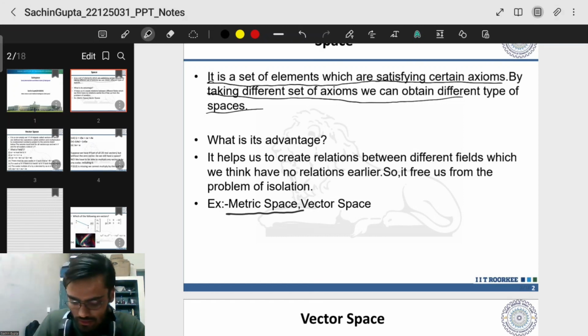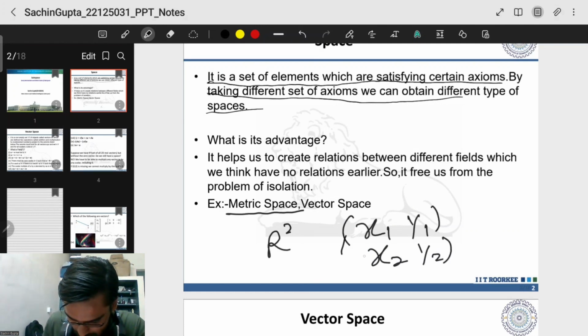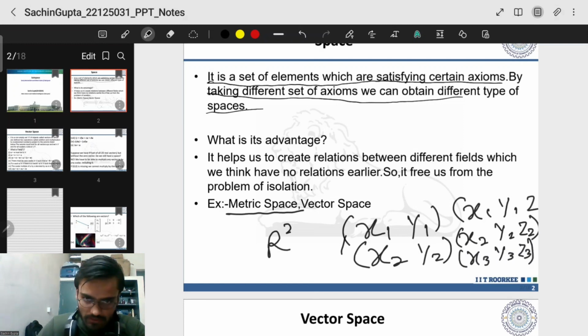In R2 we will have x1, y1, x2, y2. In R3 we will have x1, y1, z1, x2, y2, z2, x3, y3, z3, like this. And in vector space we are going to move forward.